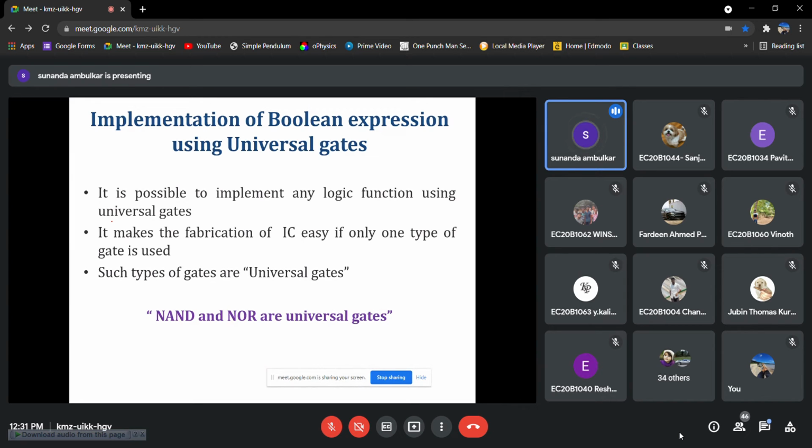Then we find the minimized expression, and after that we implement it. The ultimate task is to design some circuitry. So after we find the minimized expression, we try to implement it using some gates. The basic gates we have are AND, OR, NOT.